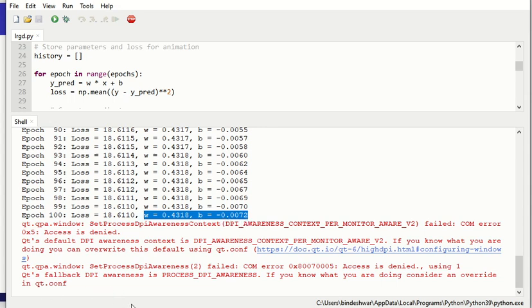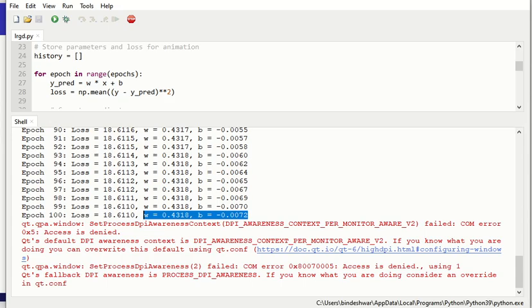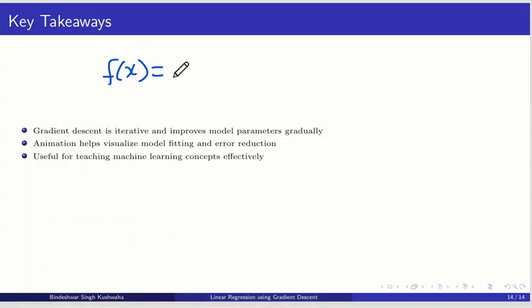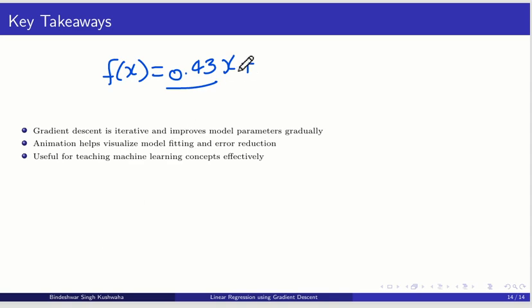So finally I can write the model f(x) = w x plus b. So I can write 0.43 x, that is the w, plus minus 0.0072, that is b.